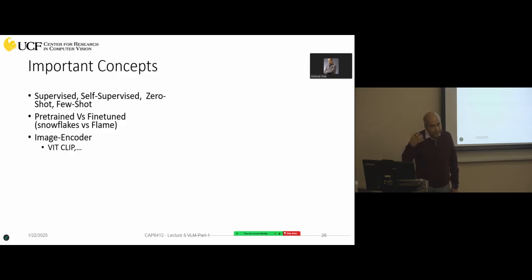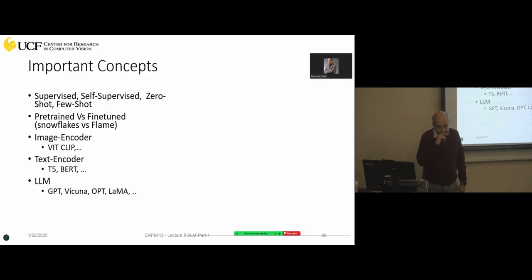Given an image, we want to encode it. What's the representation? What's the embedding? So we've been talking about ViT, CLIP and so on. Then we have the text encoder, T5, BERT, those kinds of things. Then we have the large language model. So Vicuna, OPT, Llama, GPT, the series of large language models, lots of them.